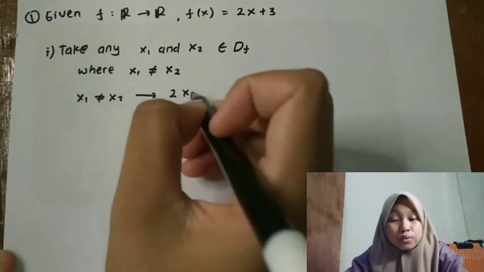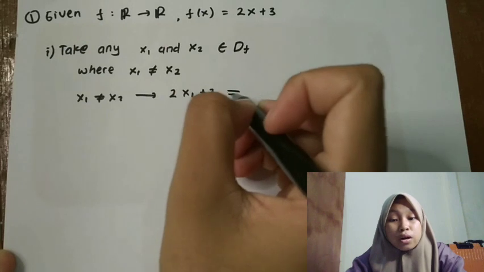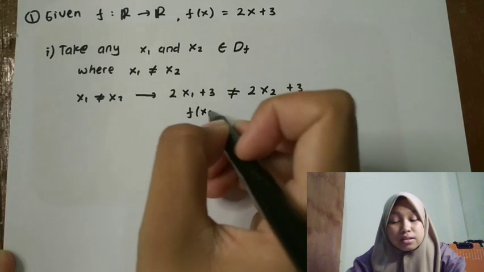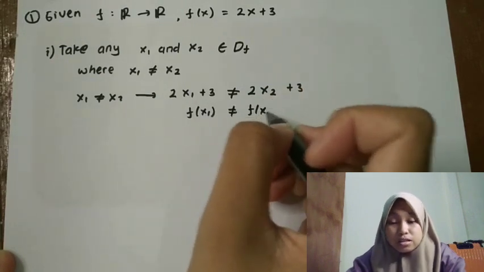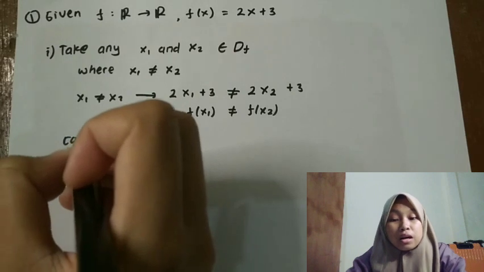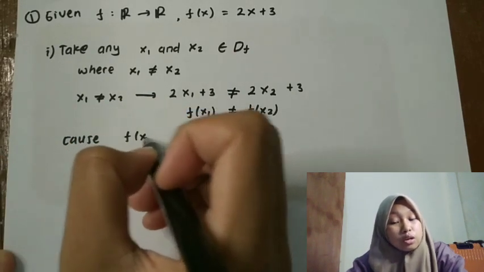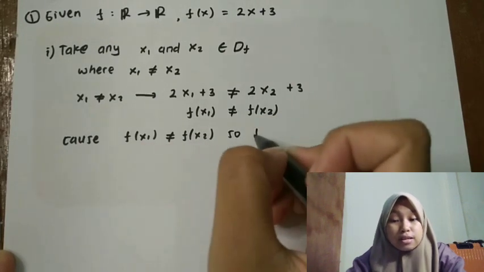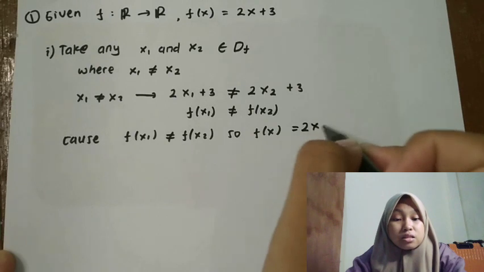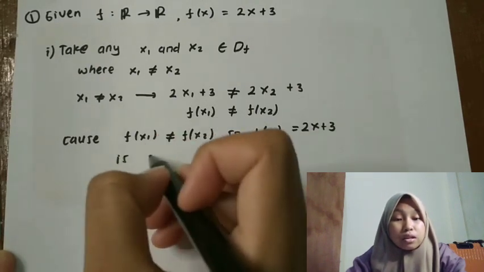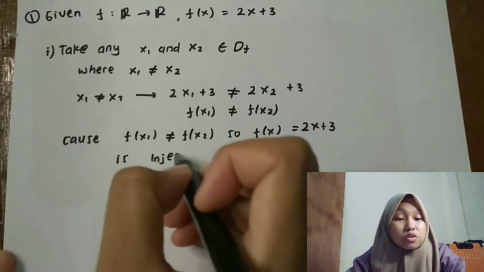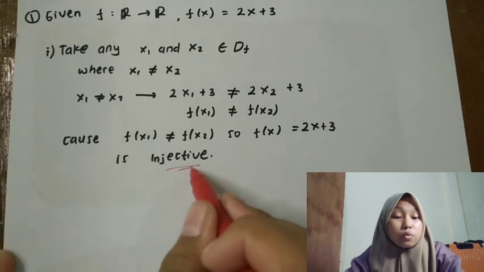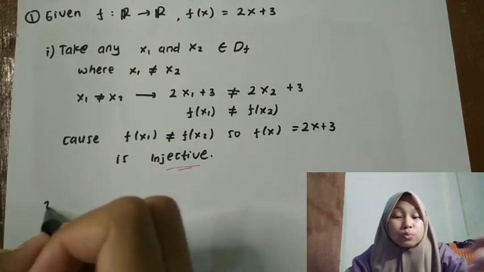So x1 not equal to x2 implies that 2x1 + 3 is not equal to 2x2 + 3. So we get f(x1) is not equal to f(x2). Because f(x1) is not equal to f(x2), f(x) = 2x + 3 is injective. This fulfills the injective condition that for every x1 not equal to x2, f(x1) is not equal to f(x2).